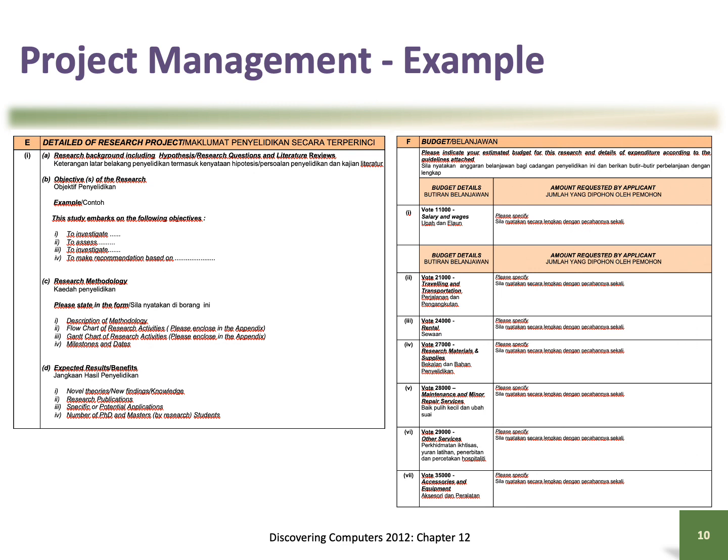And then it asks what the objectives are, and how you are going to do that project, so that is under the research methodology. And then it asks about the expected results and also the benefits of this project.